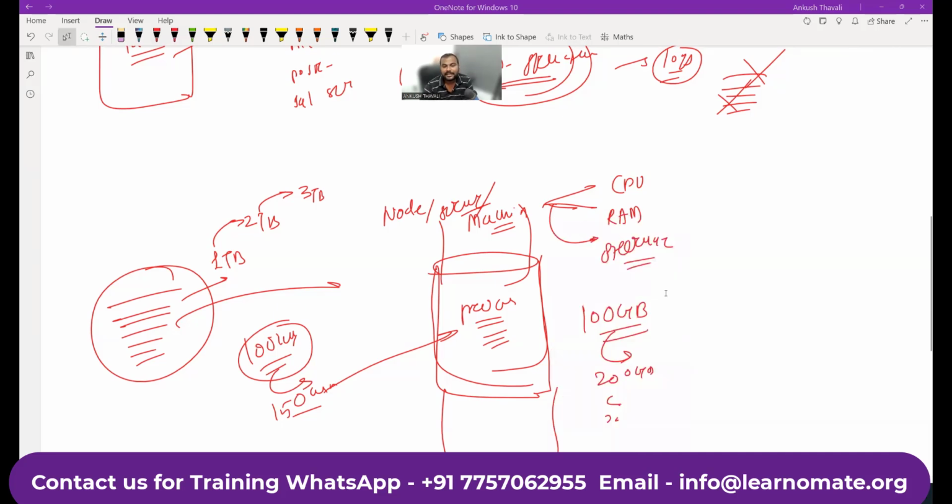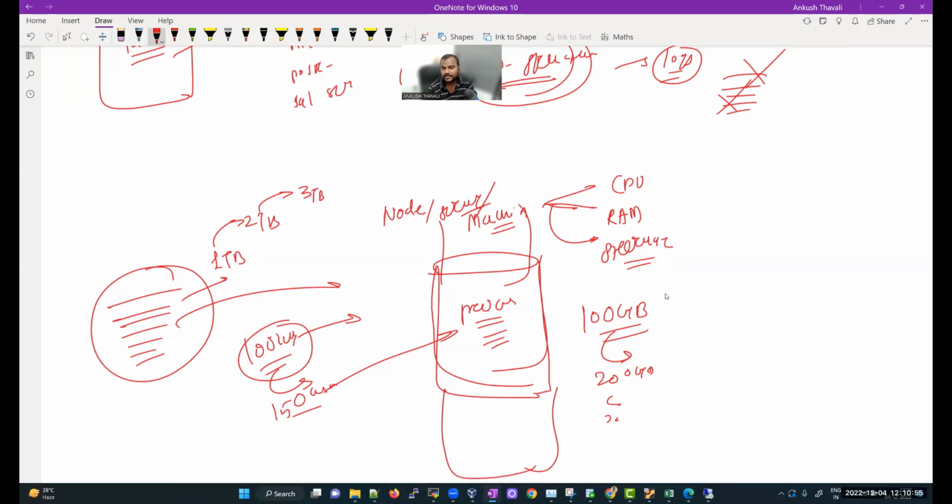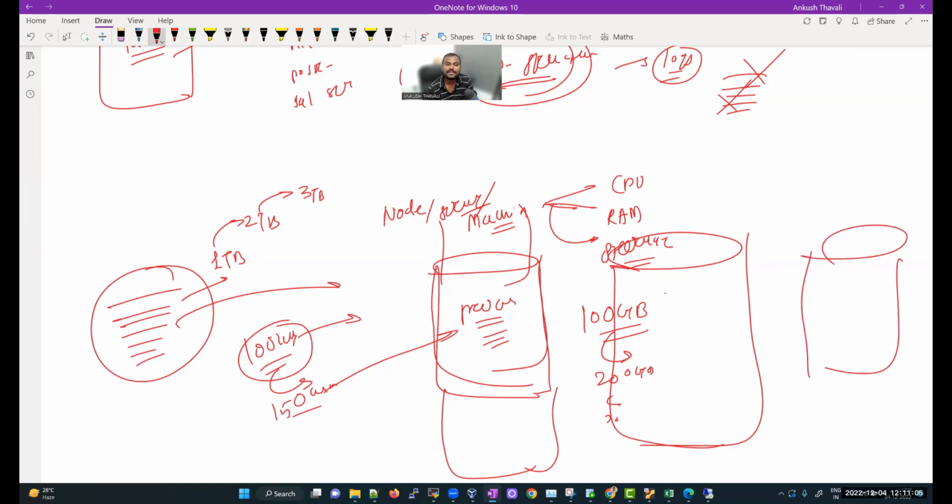So instead of using one person, can we have multiple persons who will lift that weight? Let's say I added one more person, or I can add one more again, so 3 persons are there. Now they can easily lift it.